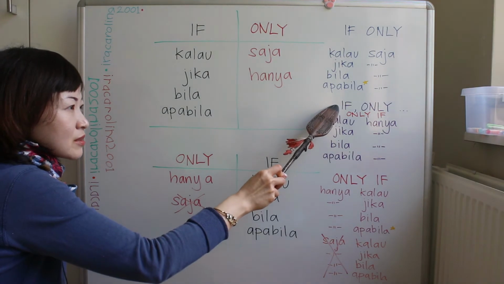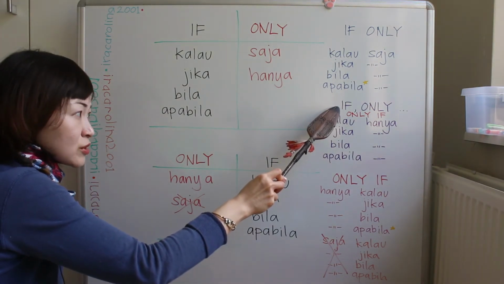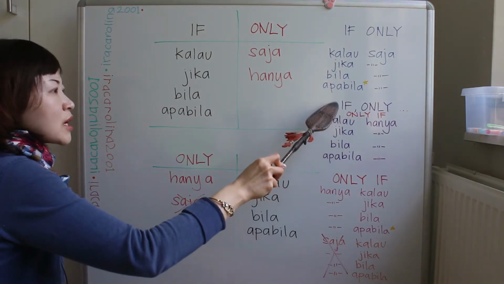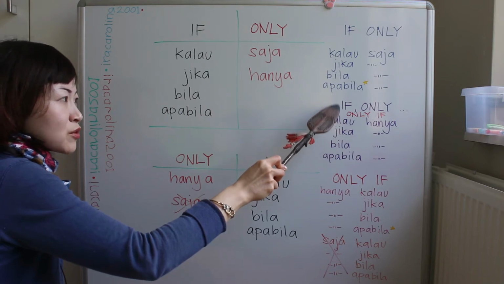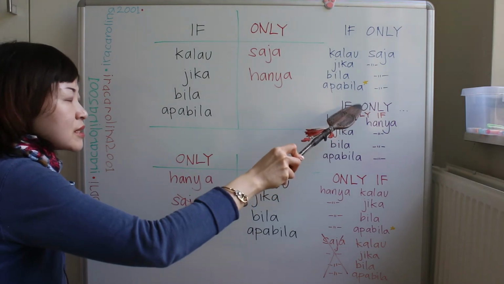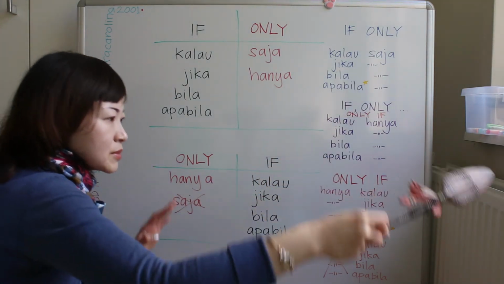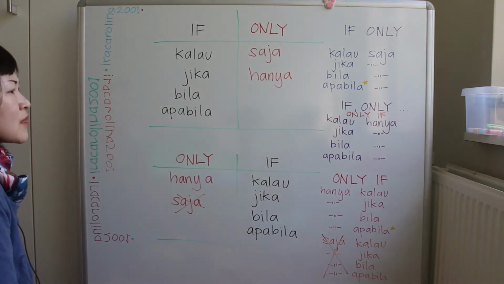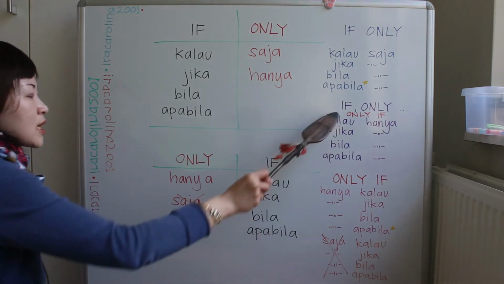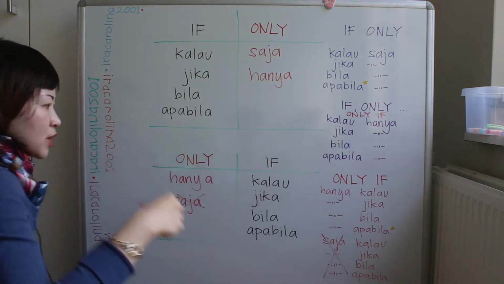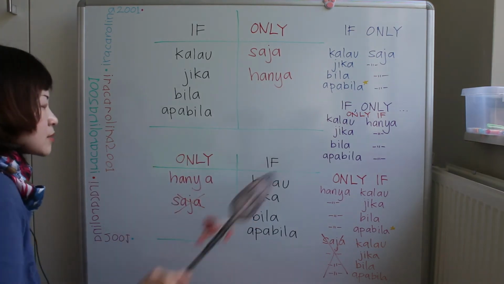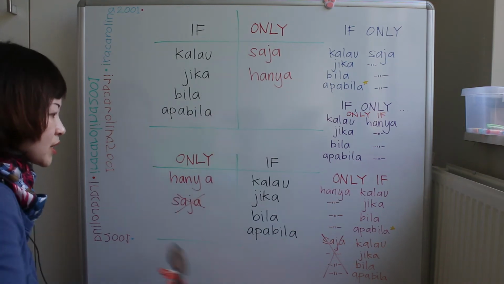If the conditional is demanding something, asking something as a requirement, and then the requirement is only something. Because if you want to say only if, we have other words for it. I hope you understand the way I put it here.